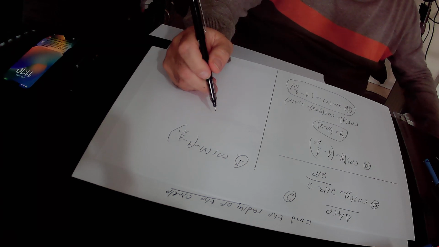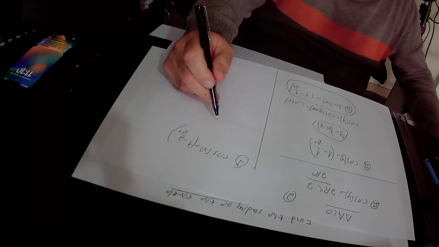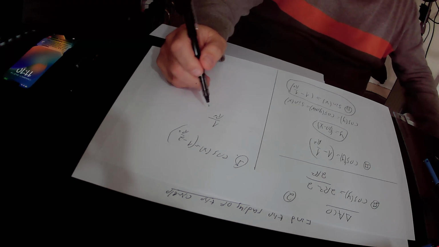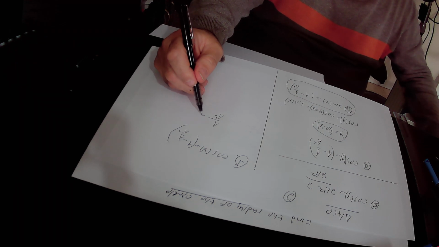In the next step, we will substitute 1 over r square by t.